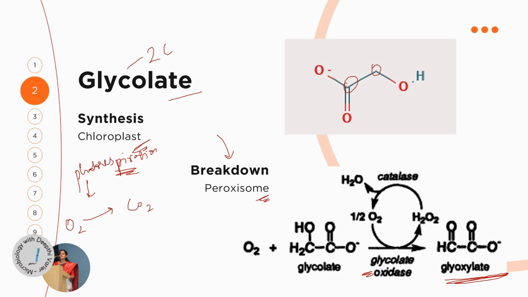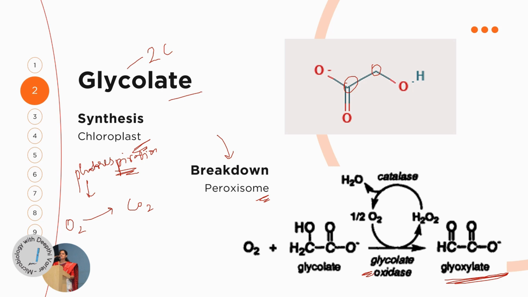Now this glycolate oxidase is the enzyme that catalyzes the conversion of glycolate into glyoxylate, and this is a very important enzyme. Actually, glycolate oxidase is also found in human beings, and it is very important in kidney stone formation. But the main point to remember here is that glycolate is a glyoxylate-related 2-carbon substrate.